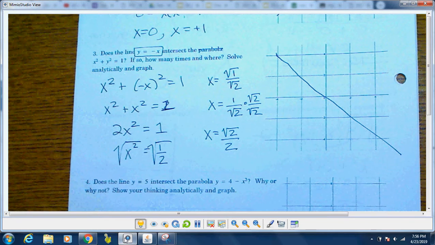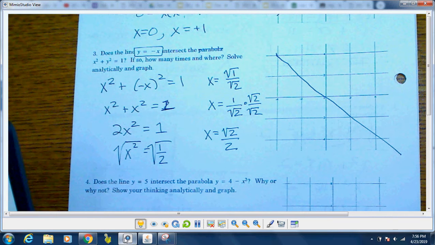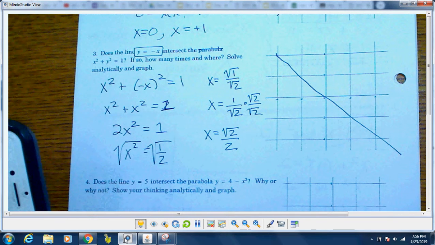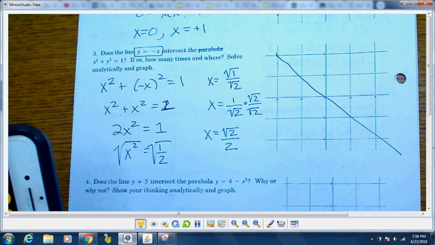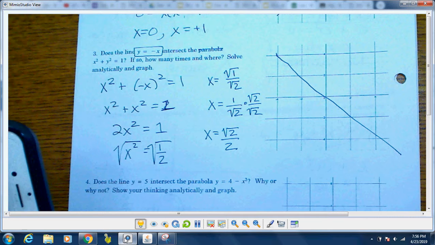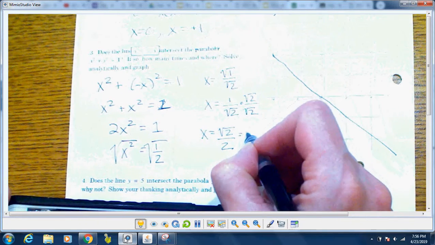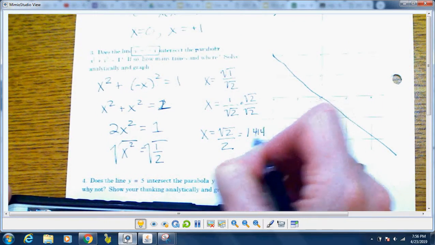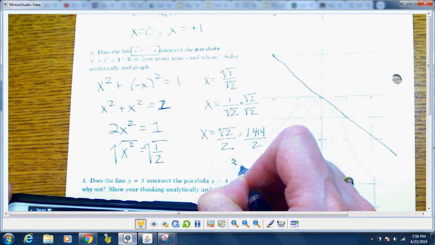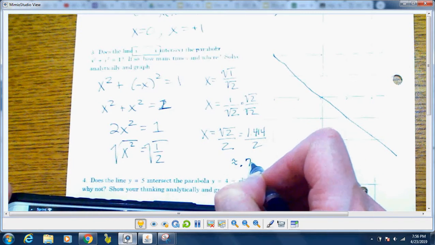And if I were to get a calculator out, I have to turn my calculator sideways here. Square root of 2, okay, so 1.4 is the square root of 2, divided by 2, and you're going to get about 0.70 or something like that.